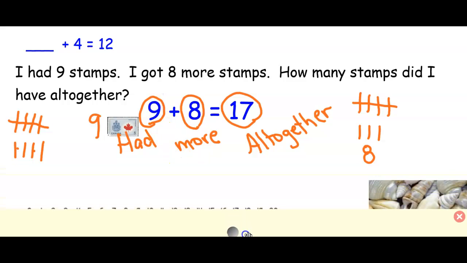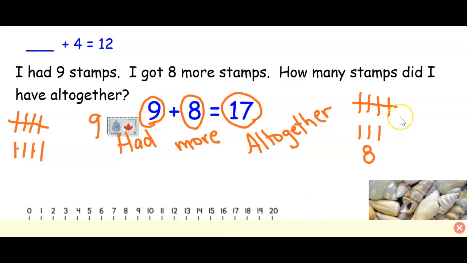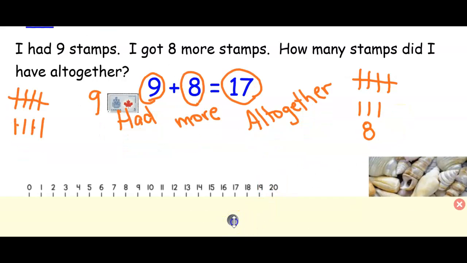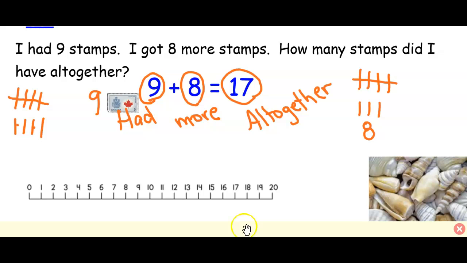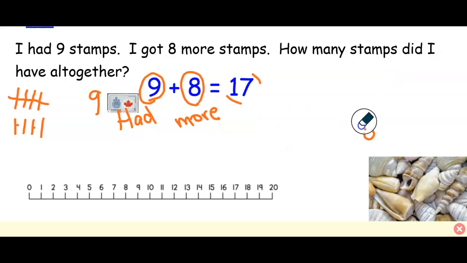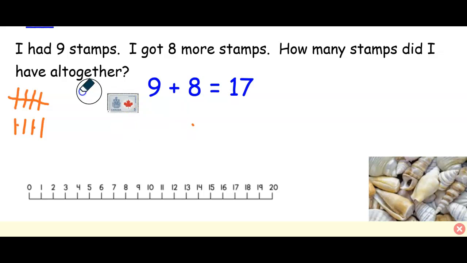Let's look at another problem. This one, we're talking about shells. And I'm just going to erase this so it's not so messy for us. And let's look at these shells. There are 8 children on the beach.